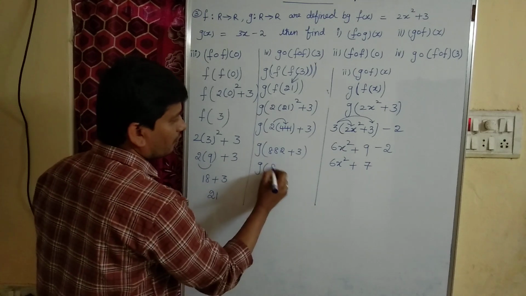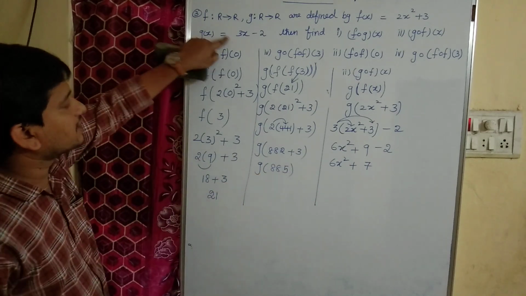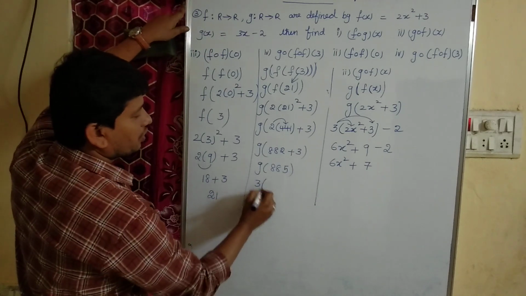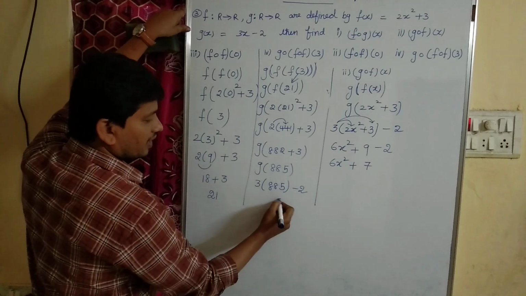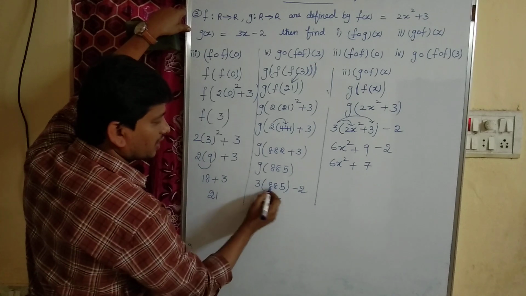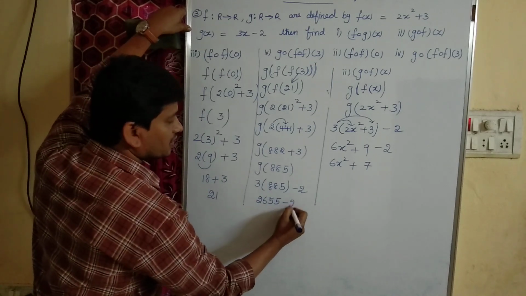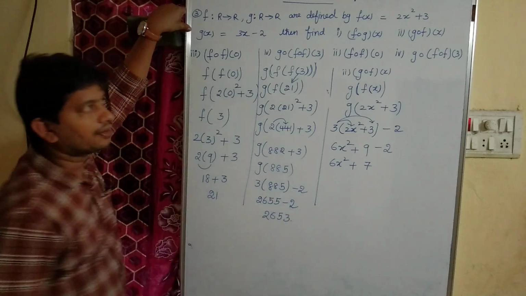I mean g of 885. Now which is in the form of g of x? What is g of x? 3 into x value 885 minus 2. 3 fives are 15. 3 eights are 24, plus 1, 25. 3 eights are 24, plus 2, 26, minus 2. So which is equal to 2653.